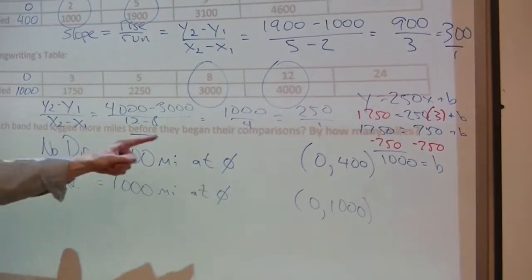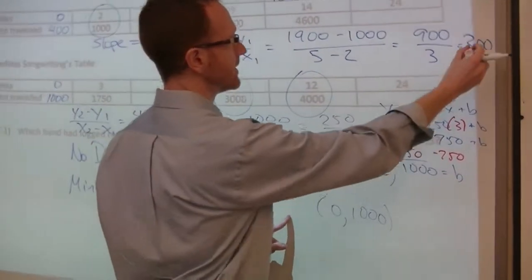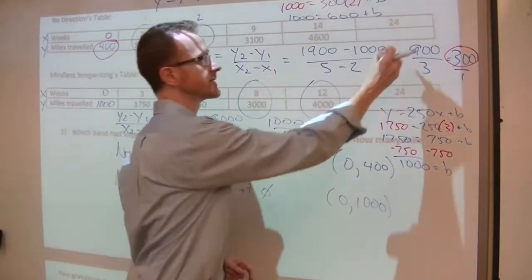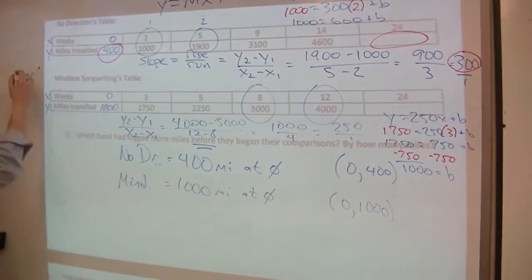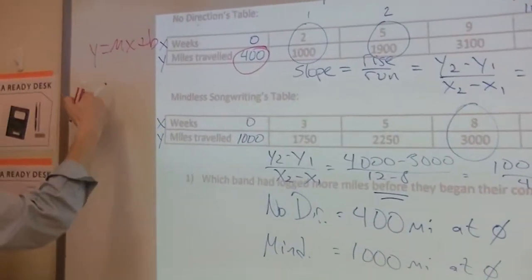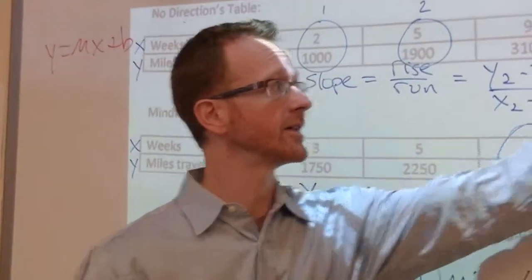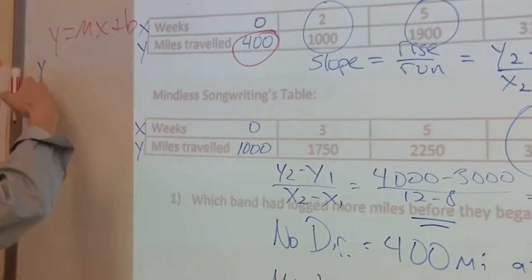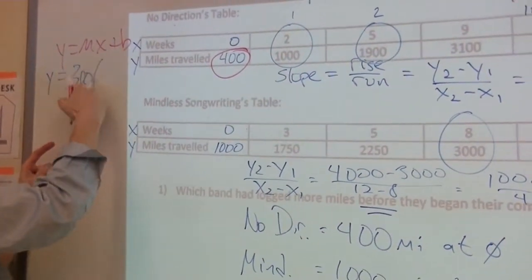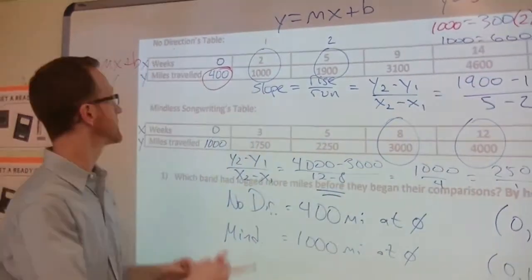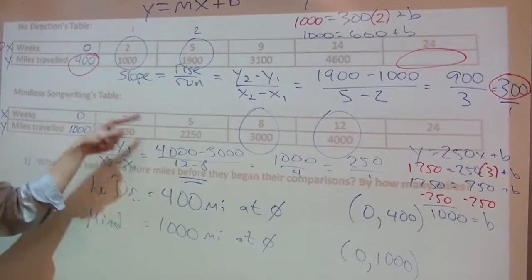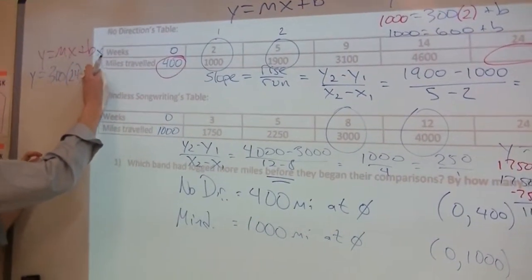Now that I know m, here's m, and here's b, I can solve for this piece right here very simply, saying if y equals mx plus b, I know that y, whatever this is, equals 300 times 24 plus 400, b, right here.